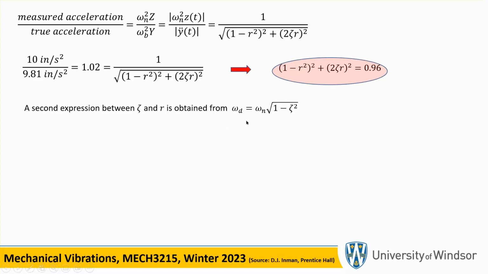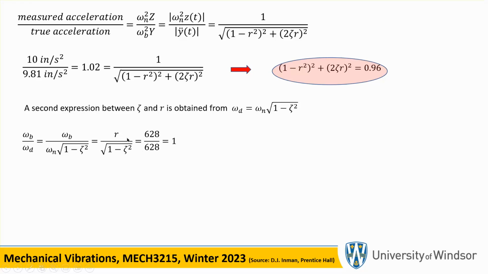Now, here's what you're going to do. For the accelerometer we're interested in, the damped natural frequency is related to the natural frequency through this. This is stuff from test one. If you look at omega b over omega d, it's just a matter of putting omega d here, and omega b over omega n is what we call r, divided by that.